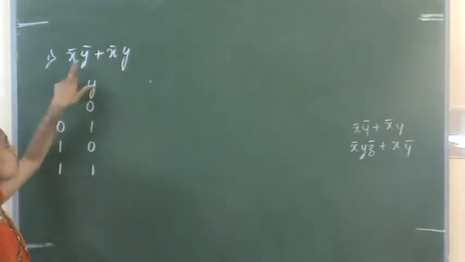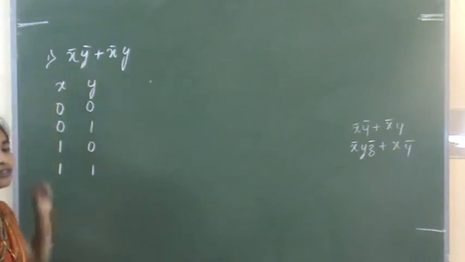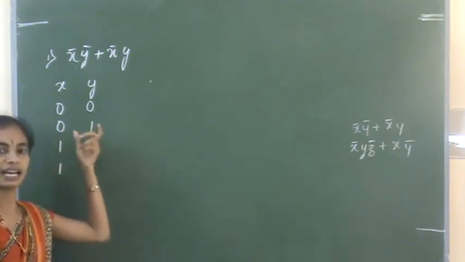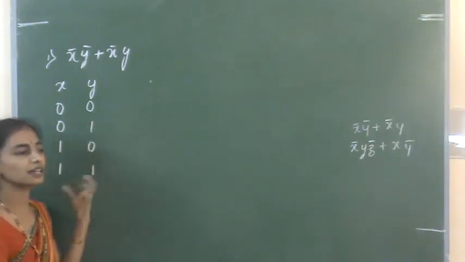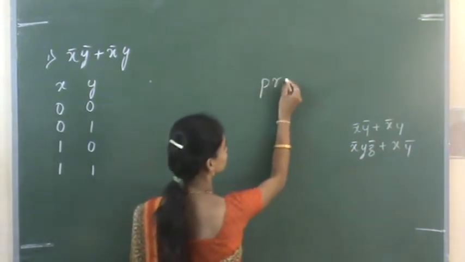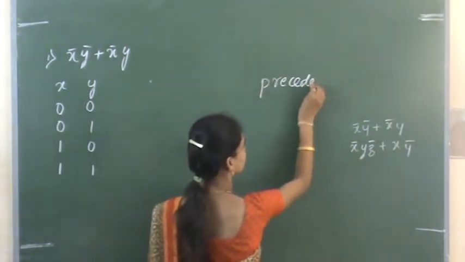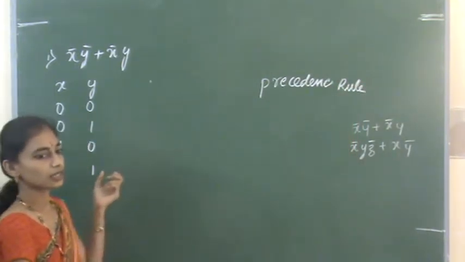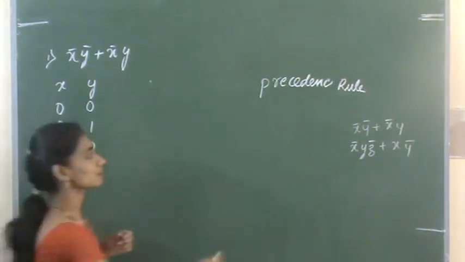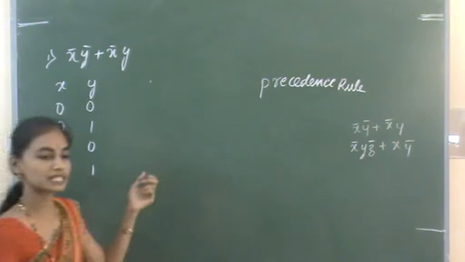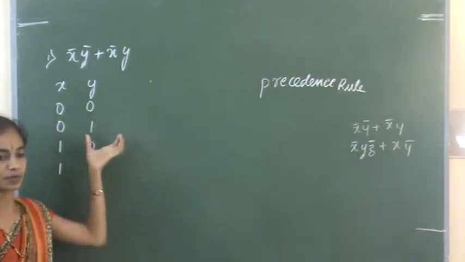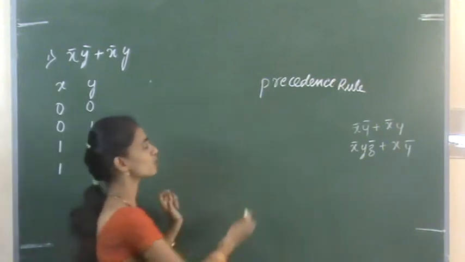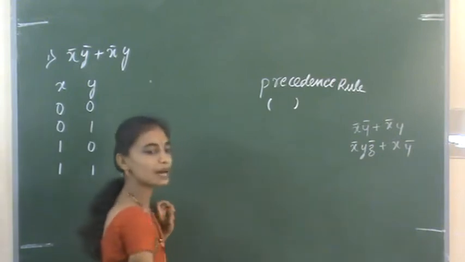After this we have x bar and y bar, so now we have to find out x bar and y bar. We know how to evaluate the expression. The expression will be evaluated based on the precedence rule. First we have to evaluate the parenthesis.